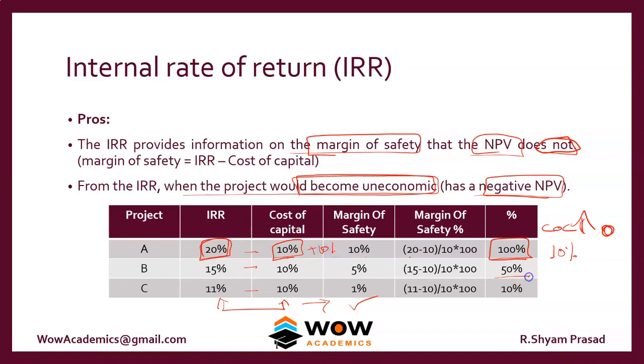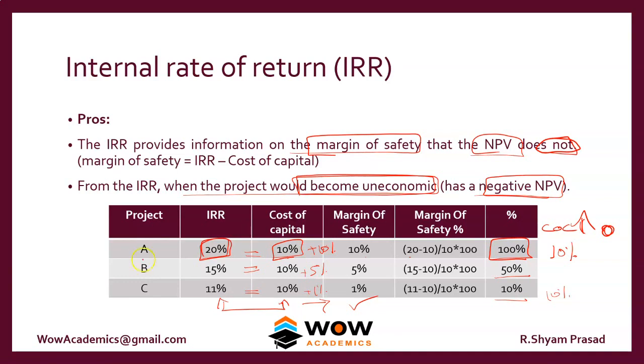If your cost of capital has to increase by 50%, then your IRR on this one becomes equal. Here again the same logic: if it increases by 10%, that is by 1, your IRR becomes equal. So the logic is, this tells you the sensitivity of the project.